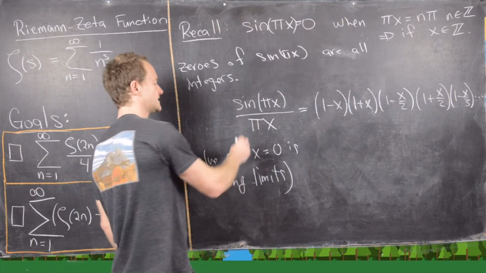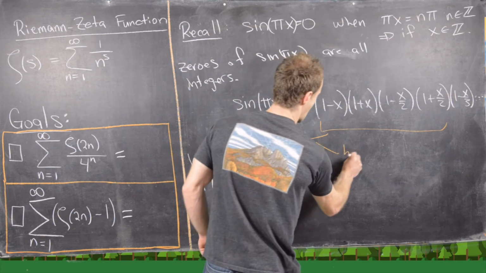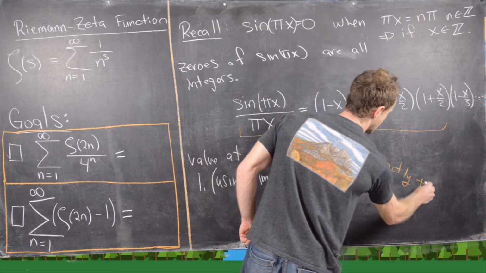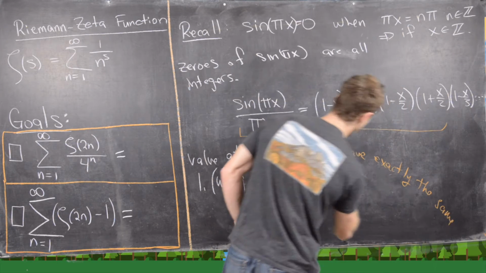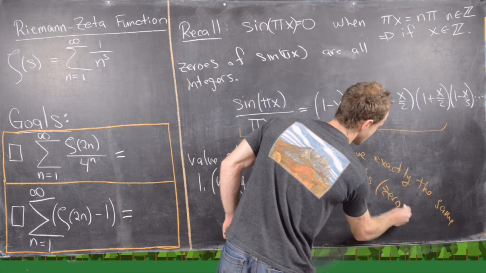Notice that the left-hand side and the right-hand side have exactly the same roots, in other words, exactly the same zeros.